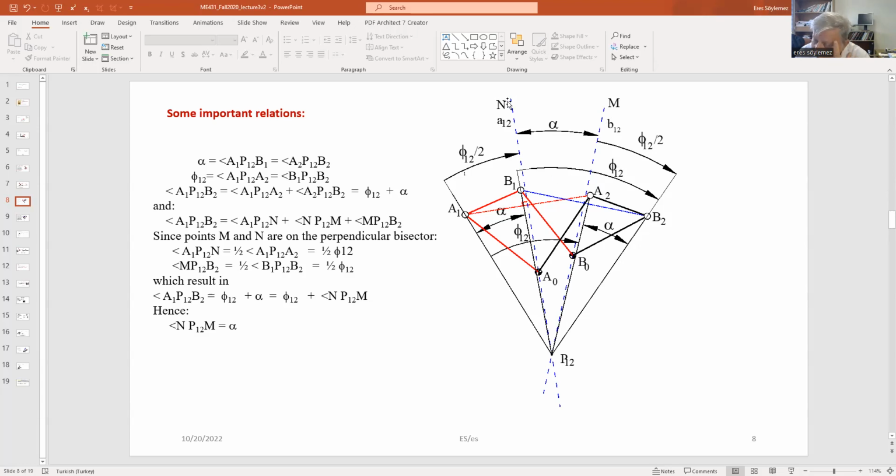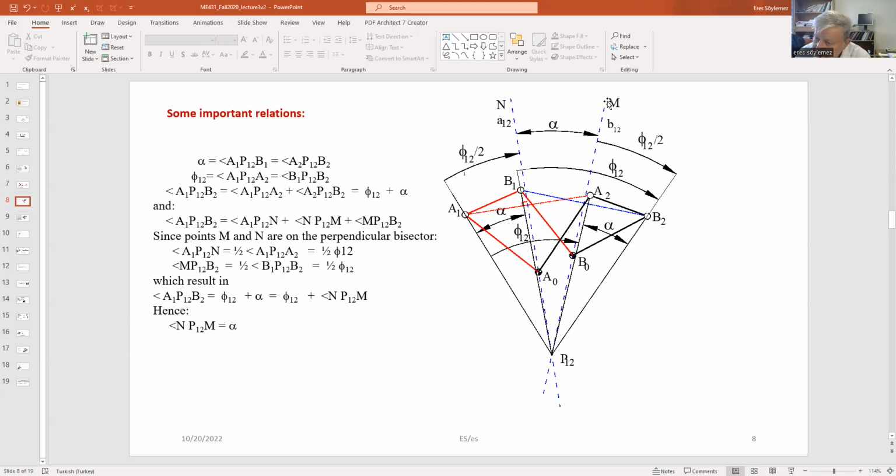Because of the property of the perpendicular bisector, it bisects the angle A1 P12 A2. So if A1 P12 A2 is equal to phi 12, A1 P12 N is going to be equal to 1/2 phi 12.